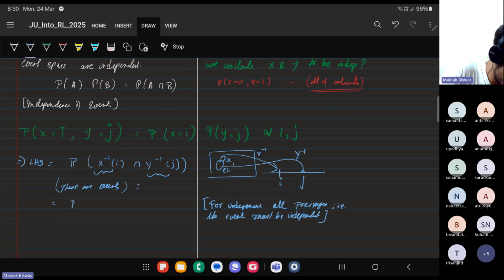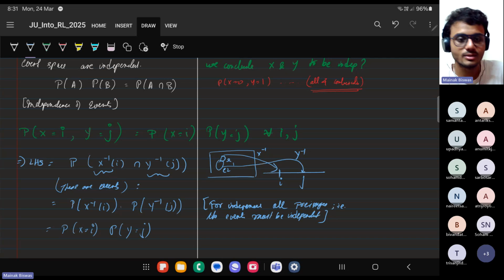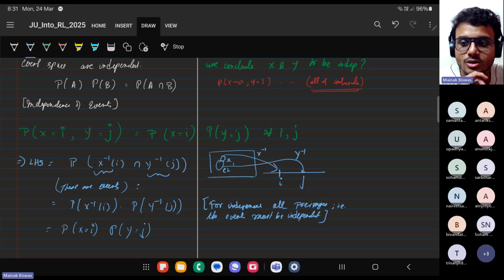So this can be written as probability of X inverse of I into probability of Y inverse of J, which is the same as probability of X equal to I into probability of Y equal to J. Is this fine to everyone? So for every I comma J, this should product out. That is the entire philosophy of this independence of random variables.